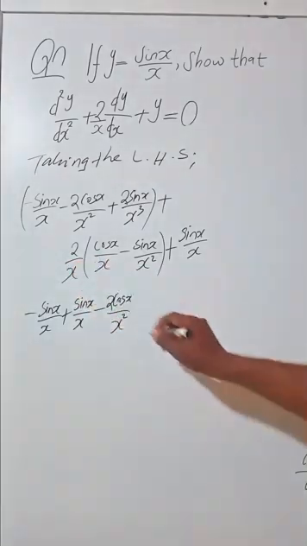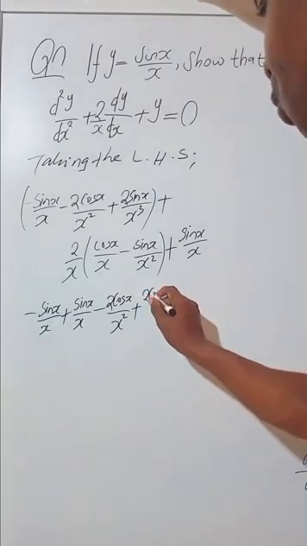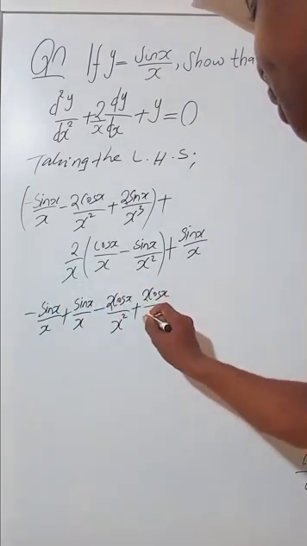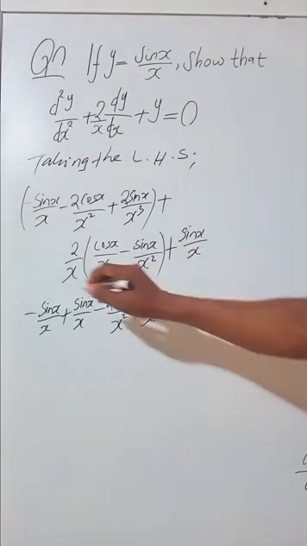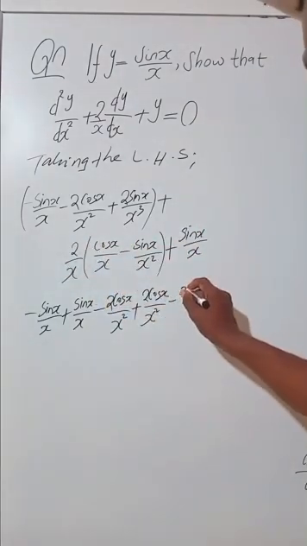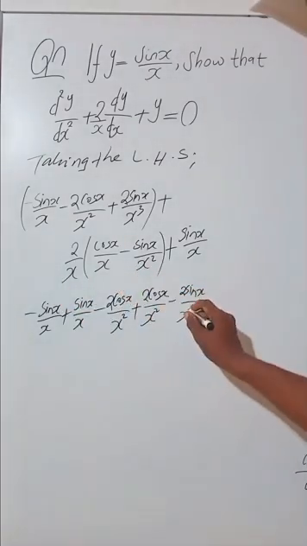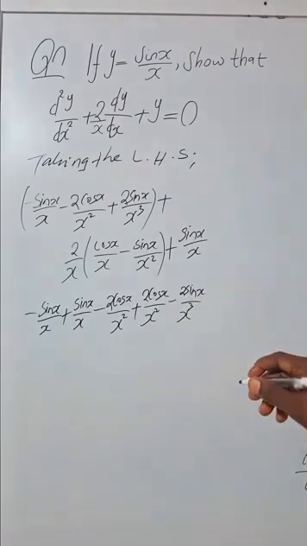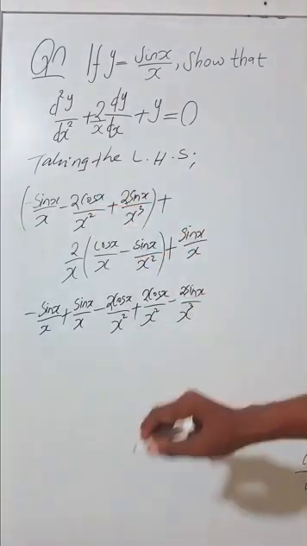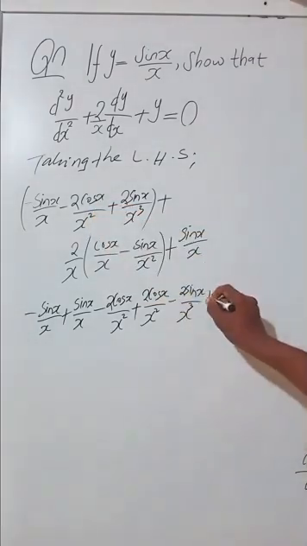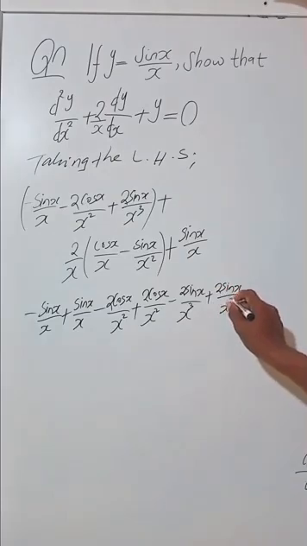Yes, this one; remember the sign here is plus, so it's plus 2 cos x, x times x gives x squared. Then minus 2 sine x, x times x squared gives us x cubic. Then we also have the positive 2 sine x over x cubic.